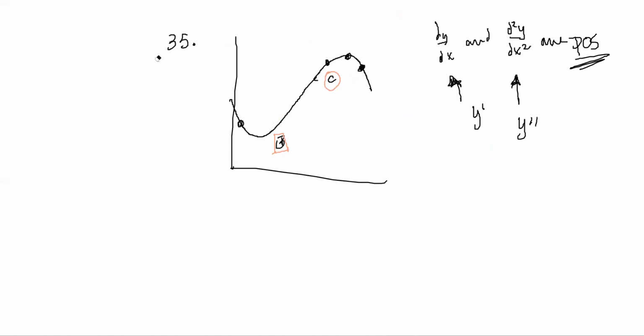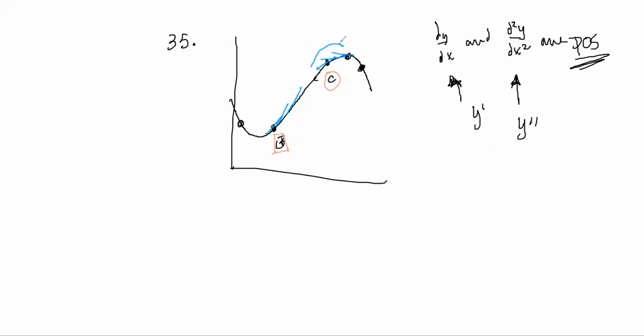Okay. So when I consider the second derivative, I am thinking, am I going more and more positive or less and less positive? Joshua has it right in that at point B, I'm getting more and more positive, and at point C, I'm getting less and less positive.